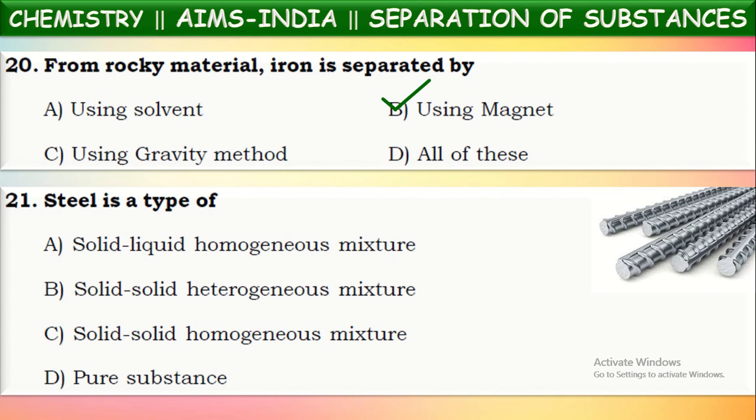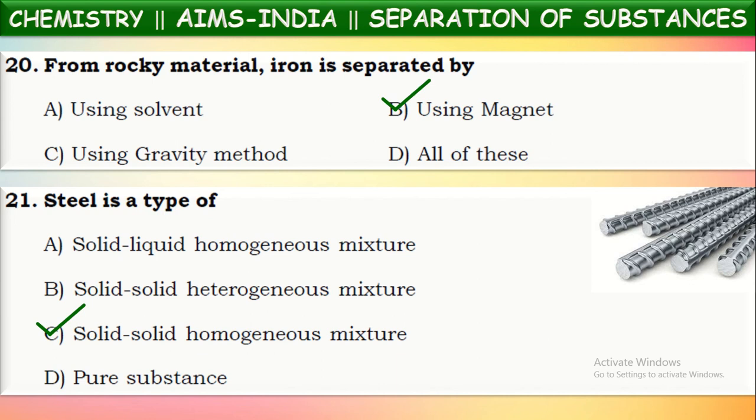If you observe the steel, it seems like one component, isn't it? So these are all solids, and we can say it is a solid homogeneous mixture. Okay, this is the correct answer.